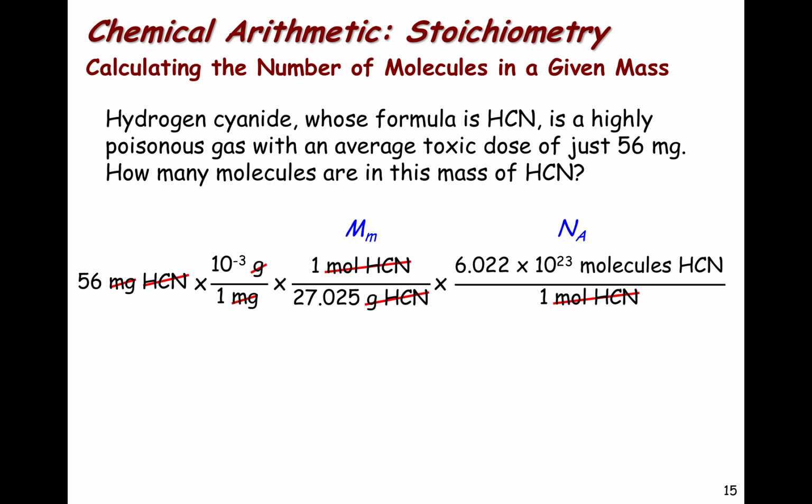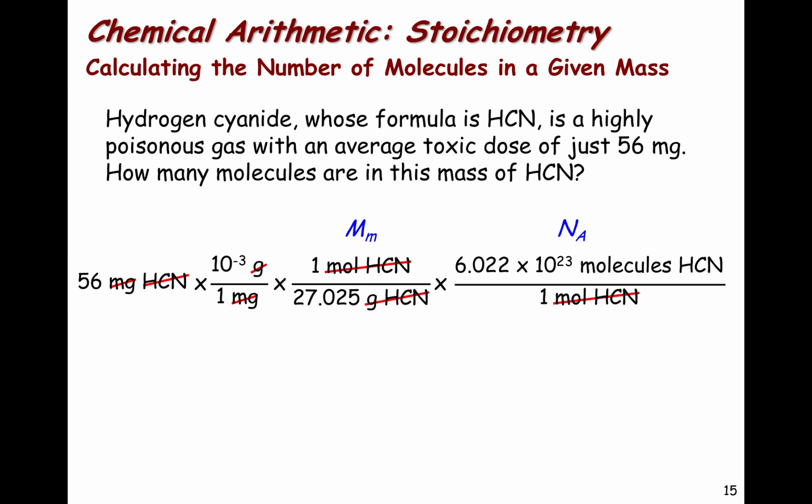We can come up with a rough estimate of the order of magnitude we should be expecting, because we see that 56 divided by 27 is about 2. 2 times 10 to the negative 3, and then 2 times 6 is 12.